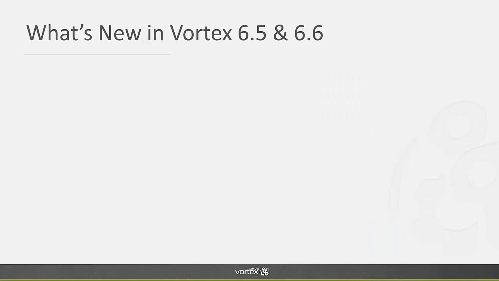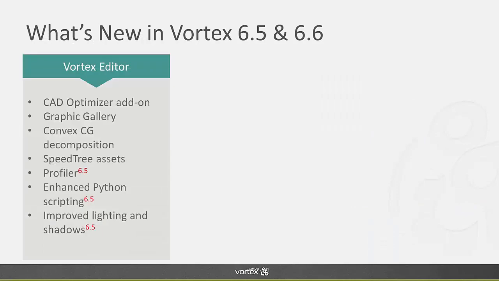So let's get into the meat of it. Today's session is jam-packed with new features. We split them into 4 categories. The first is Vortex Editor, which is groups of features that have been added to the Vortex Editor application. Amongst those, mainly the CAD Optimizer Add-On and the Graphic Gallery, which we'll cover in an instant, but also a lot of enhancements that were brought in 6.5 to Python scripting and shadows.